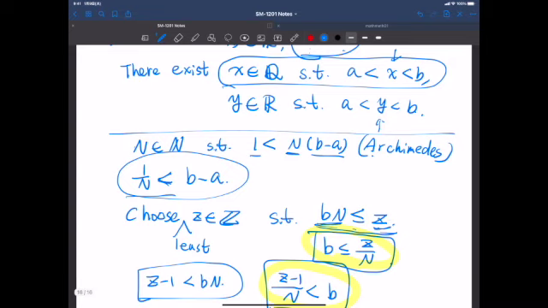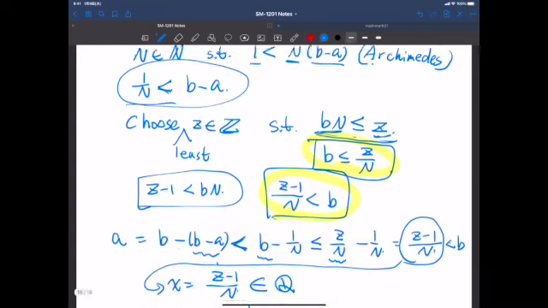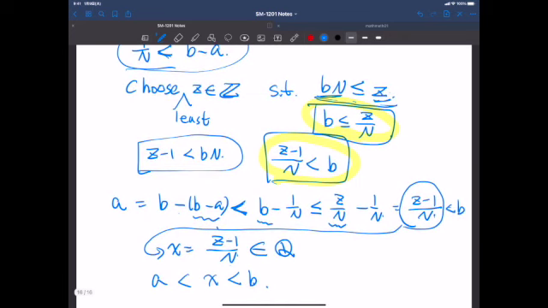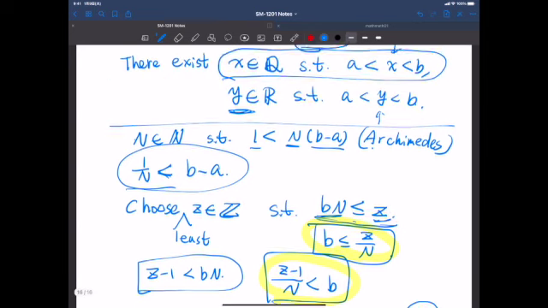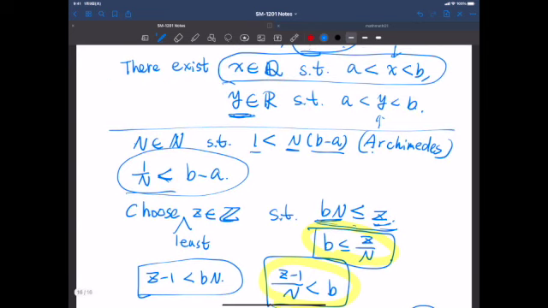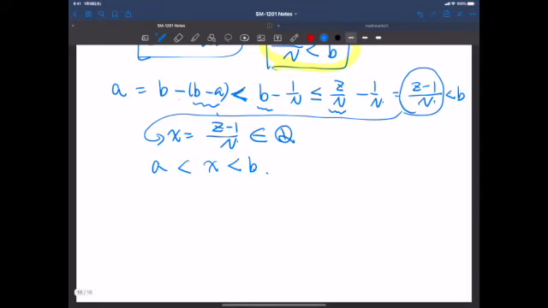Now we need to find a real number. Actually, it's not a real number, it's an irrational number. Okay, so now try to find an irrational number.